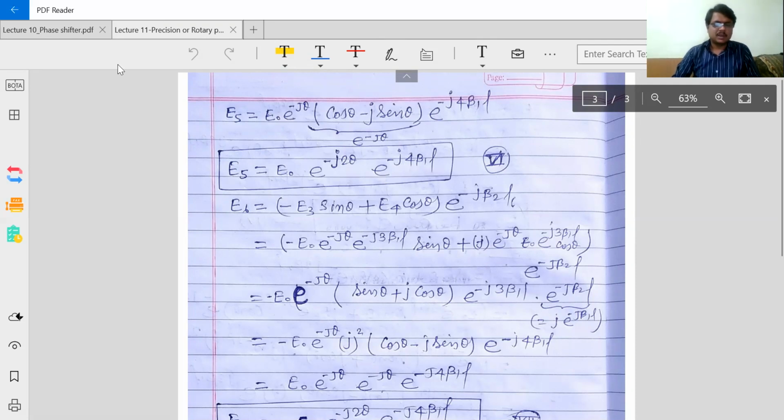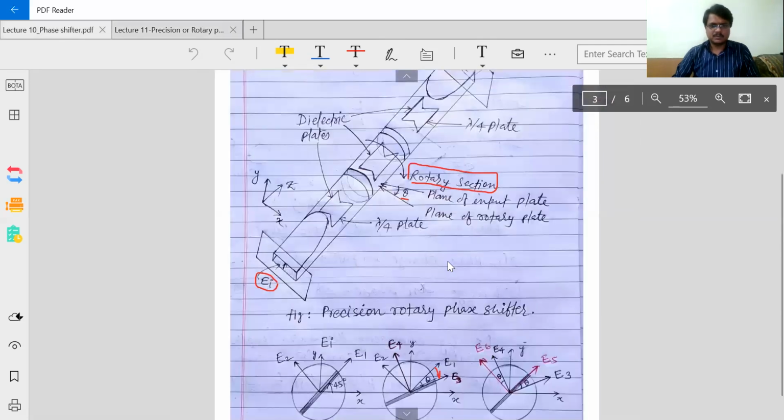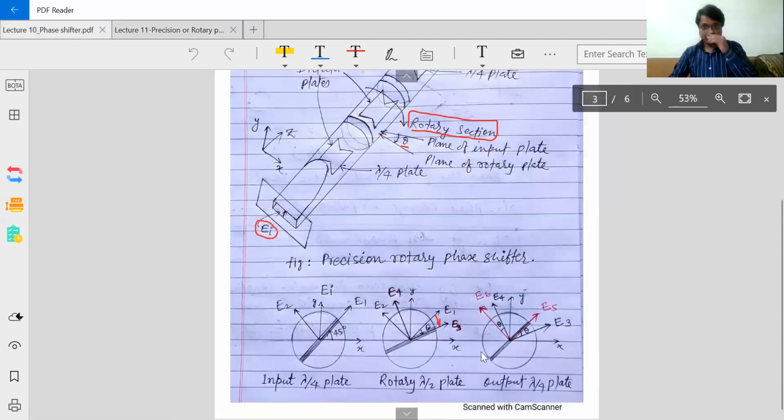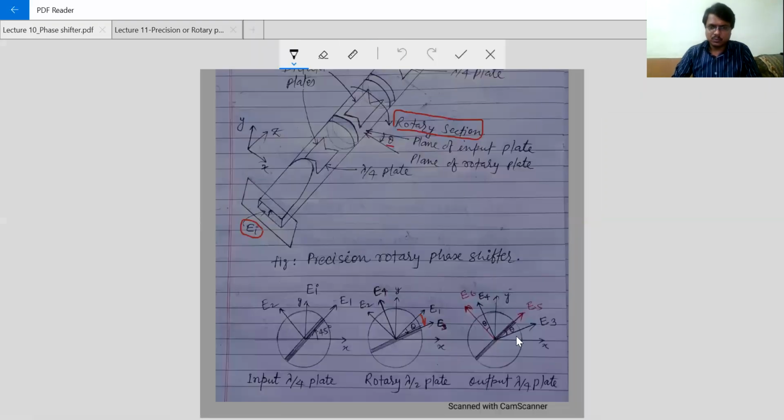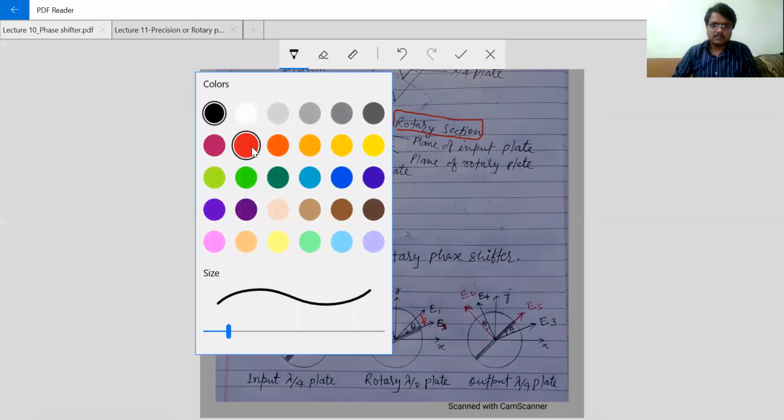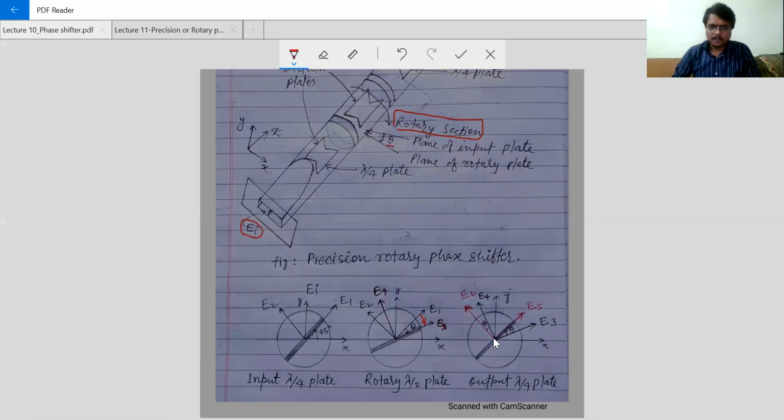Now we want to calculate E6. What is E6? Which component of E4 will be in the direction of E6? That will be the cos component. So E4 cos theta will be in this direction, and which component of E3 will be in the direction of E6?